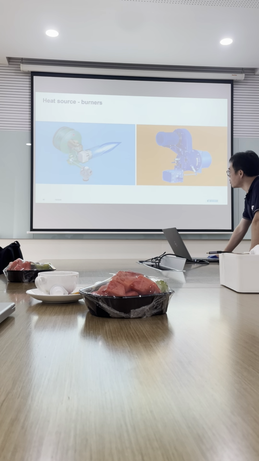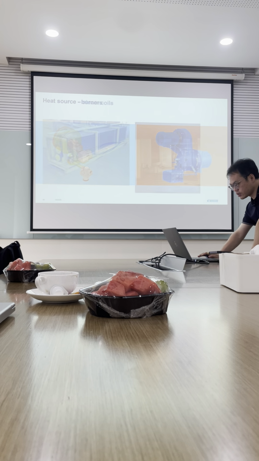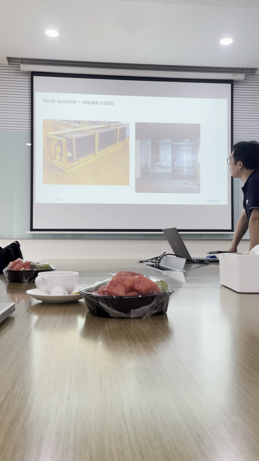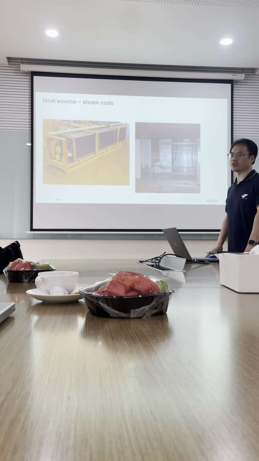This is the heat source, burners. We also have another heat source, steam coil. For some French dryers, we also use hot water coils, because in the French dryer the drying air temperature is not high, maybe 66.